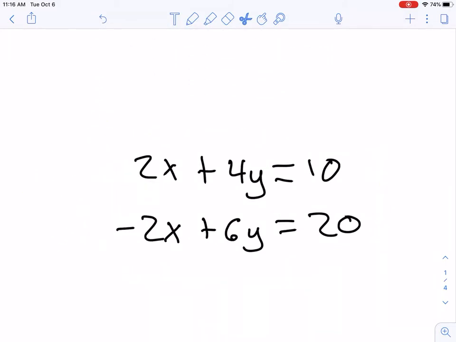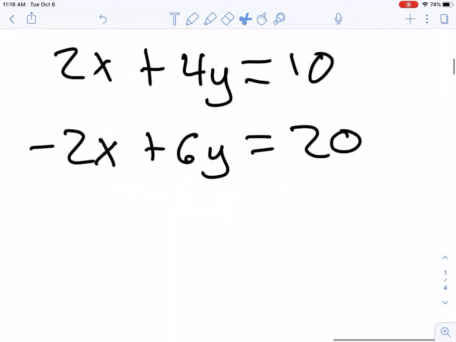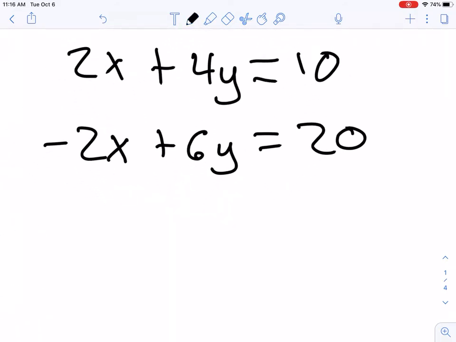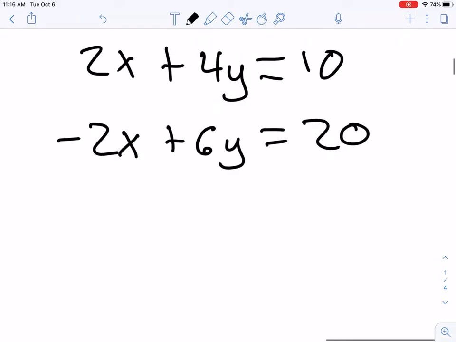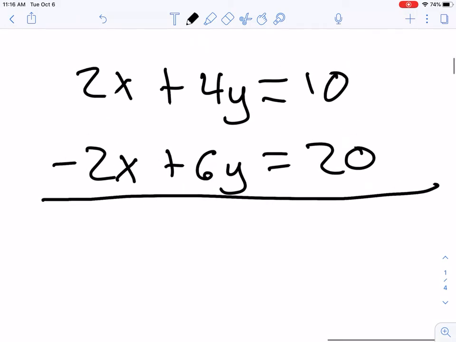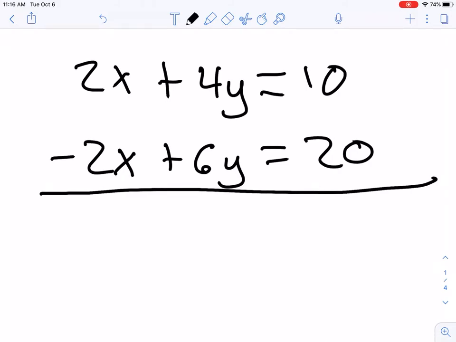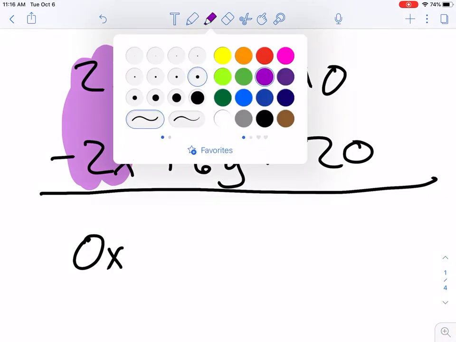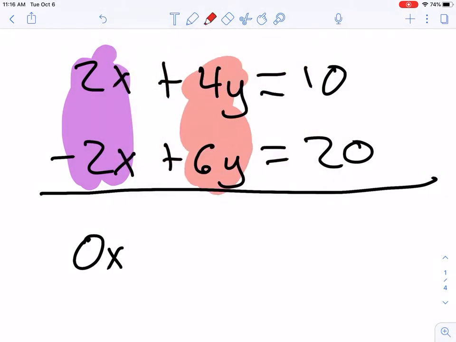Okay, so for example 1, we could just add both of these equations together. So if we add both of these equations together, when I combine these, they make 0x. So I'm adding both equations together. It means I'm just putting them together how they are. When I combine these, I get 10y.